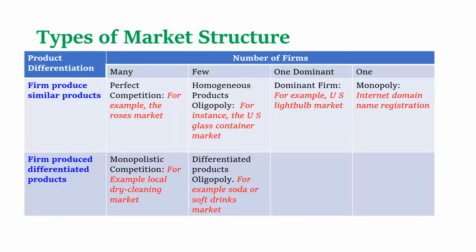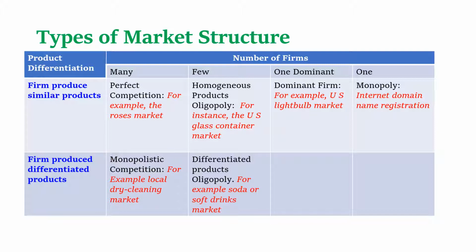These are the three largest corporations in the US glass container industry, right? So that particular market is referred to as what? Homogeneous product oligopolistic market.